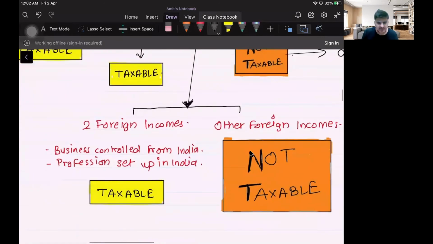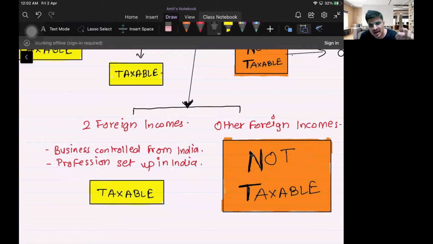तो फर्स्ट वन इज बिजनेस इज आउटसाइड इंडिया, इट इज अक्रूड आउटसाइड इंडिया, इट इज रिसीव्ड आउटसाइड इंडिया, दैट्स व्हाई इट इज अ फॉरेन इनकम. But such business is controlled from India. That's why whatever income that business is earning which is outside India, on that income ROR will have to pay tax in India.